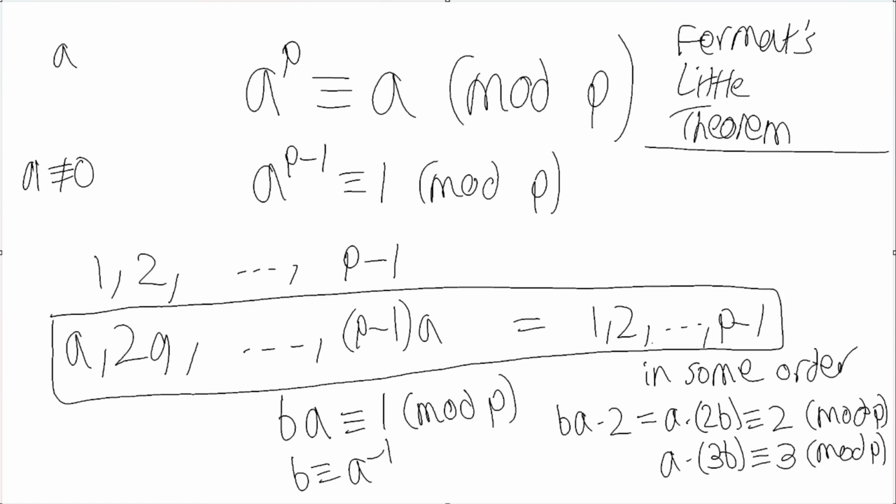And finally, to finish the proof, we multiply all the numbers on each side. The product of the numbers on this side is equal to, we have p minus 1 times p minus 2 all the way to 2 times 1. And then we have p minus 1 factors of a. So a to the p minus 1. And then we have p minus 1, p minus 2 all the way to 2 times 1 on this side here.